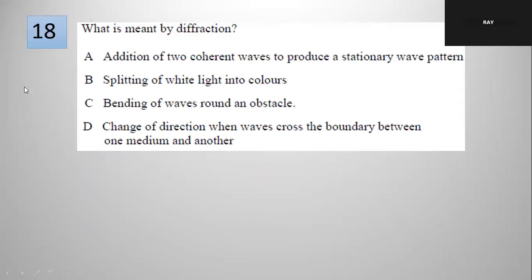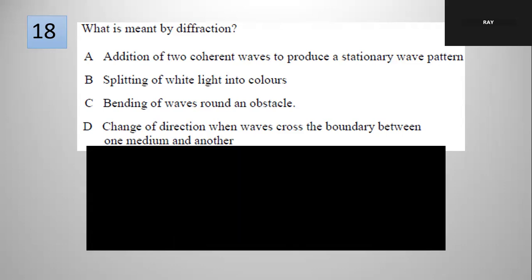How about this one? What is meant by diffraction? Is it C?